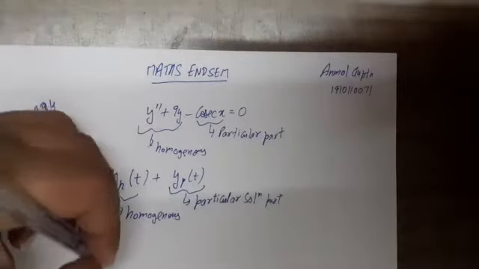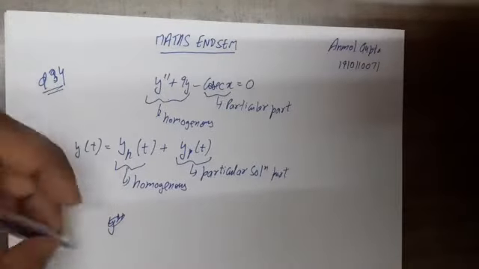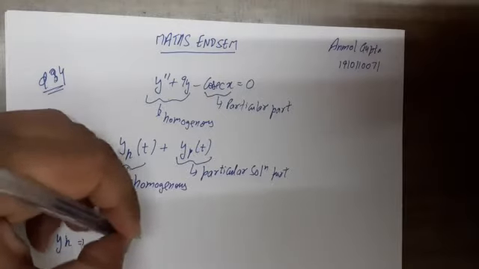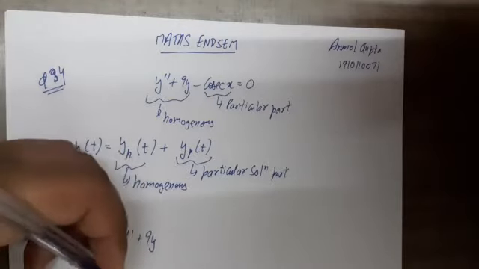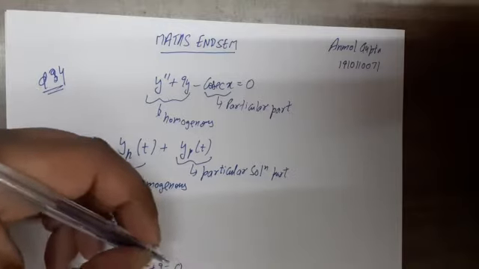Thus the equation. Now upon solving the homogeneous part first, it can be represented as lambda square plus 9 equals 0.